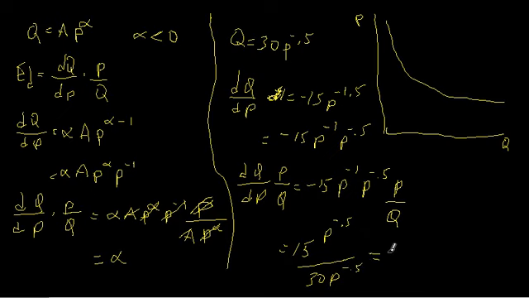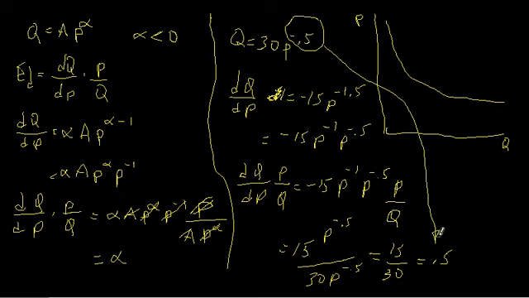So the answer, conveniently enough, comes out to be 15 over 30, which is 0.5. And that is no accident that that happens to be equal to the exponent in the original demand function. That turns out to be the same 0.5.